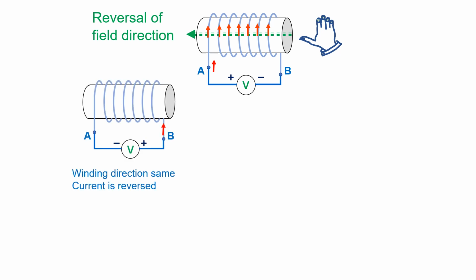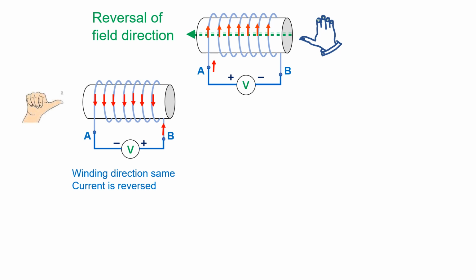See this figure, the winding direction is the same as before. It is wound from front to back. But the supply is reversed, because of which the current direction in the coil is reversed. It's now flowing through the end B. In all the turns, the direction of currents are shown.